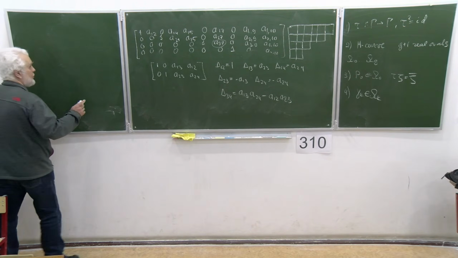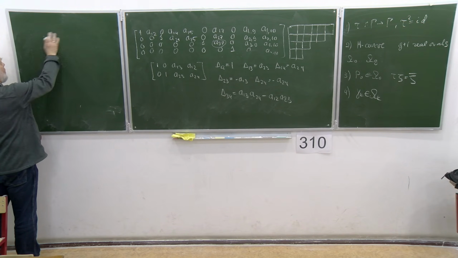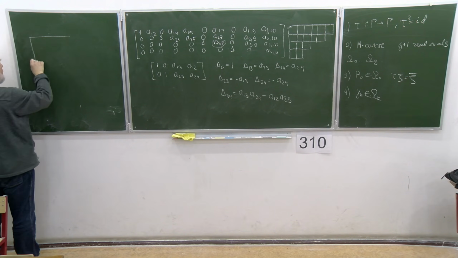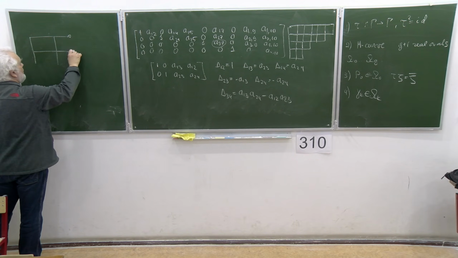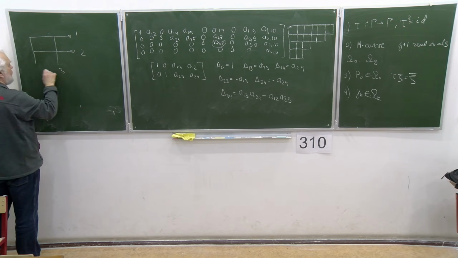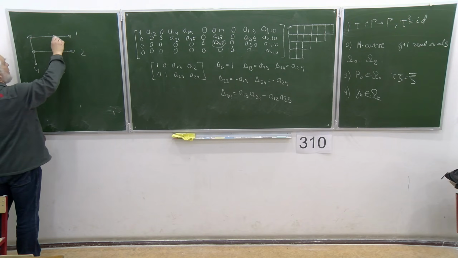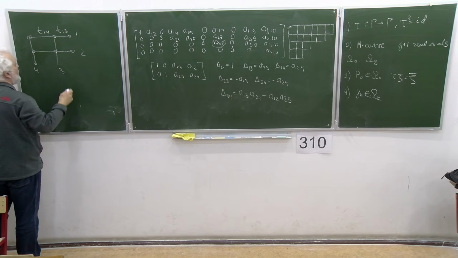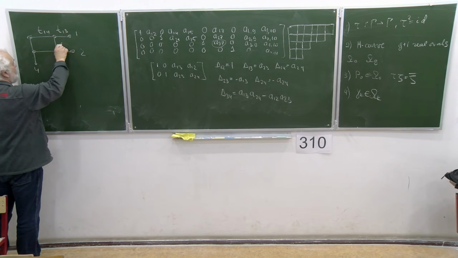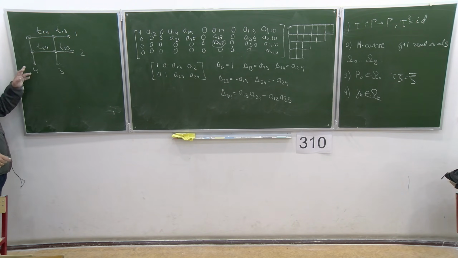Simplest example, you obtain the form. We have this diagram. One, two, three, four. T1,3. T1,4. What do we obtain?